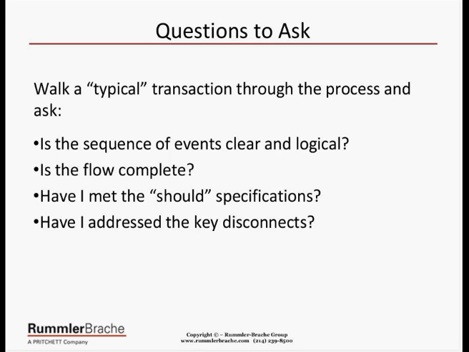And the 2 deliverables we had in the is, did I meet the should specifications? If not, is it good enough to go forward, or do I need to go back and change something about this workflow, or perhaps methods? And have I addressed the key disconnects? If all those questions are yes, you've probably got your final map, so to speak.